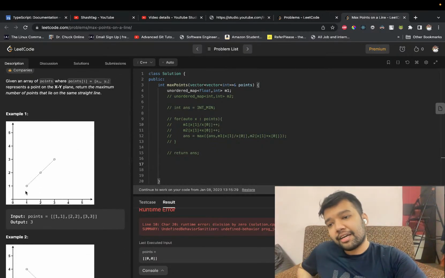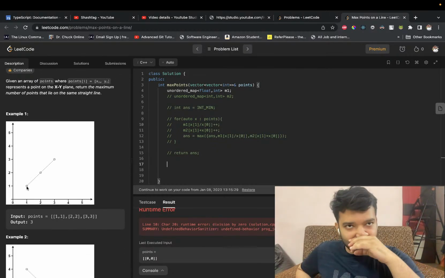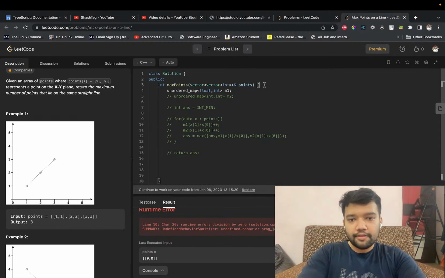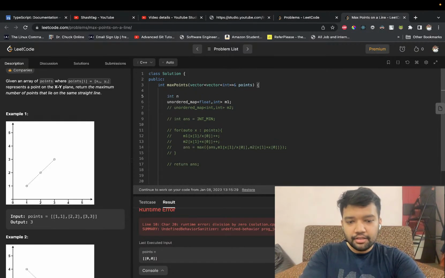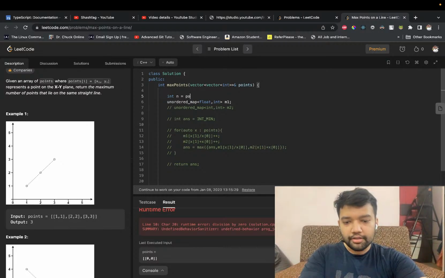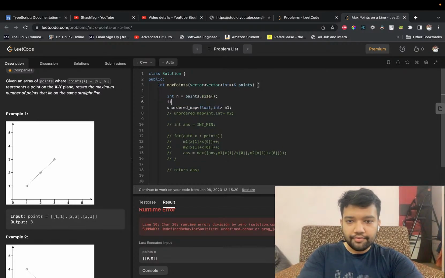So now what's the plan? If n is equal to points dot size, if n is smaller than 3, return n.